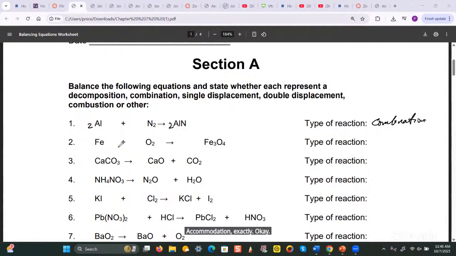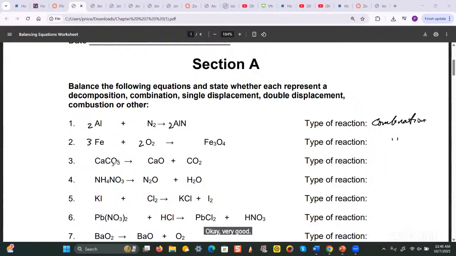Okay, what about the next one? How would you balance this? Okay, 3 here, okay. And what type of reaction is this? Combination again, yeah? Okay, very good.